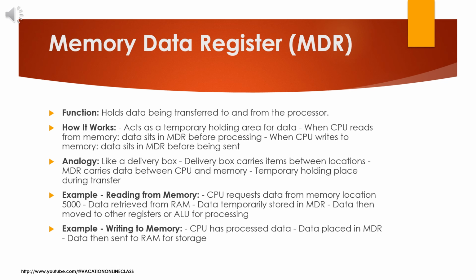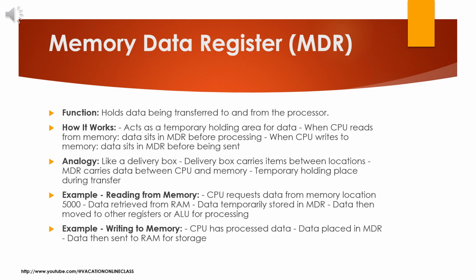Let's look at two examples. First, when reading from memory, if the CPU requests data from location 5000, that data is retrieved from RAM and stored temporarily in the MDR. From there, it is moved to the ALU or other registers for processing.